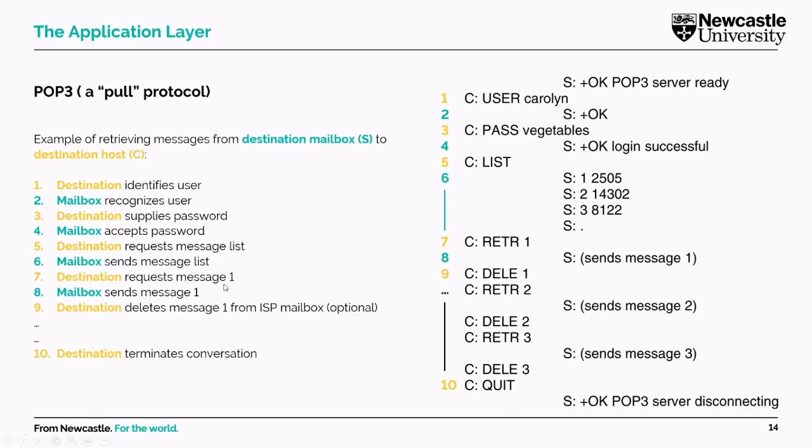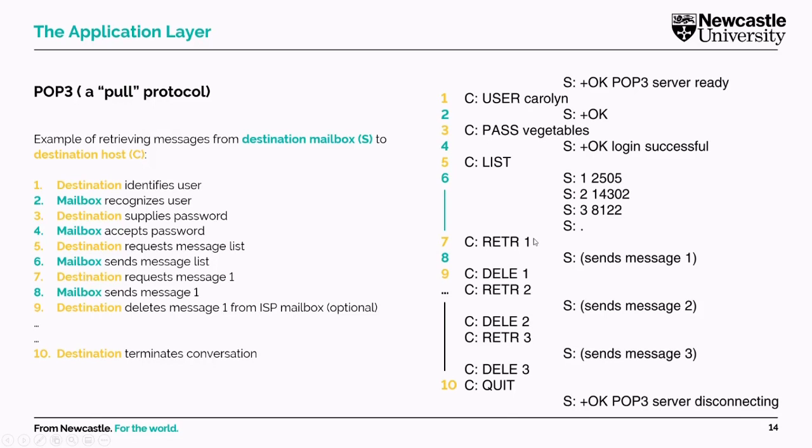In this case, it begins by the destination identifying the user. The mailbox recognizes the user as a valid user, and the destination supplies the password, vegetables. The mailbox accepts the password, so there's an initial authentication phase, and then the destination requests the message list, and the mailbox sends the message list, and the destination maybe also requests specific messages.